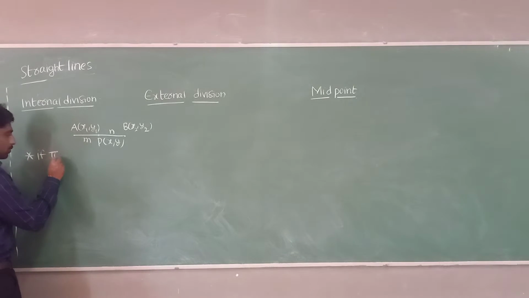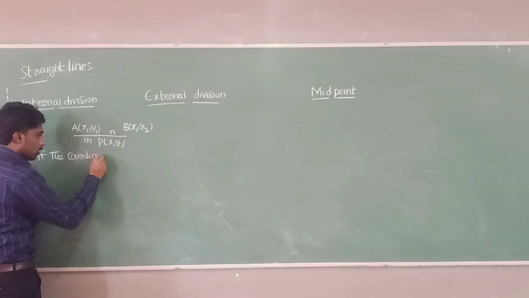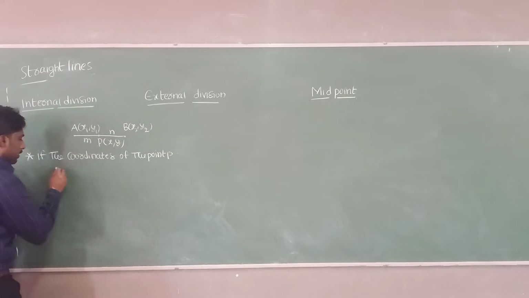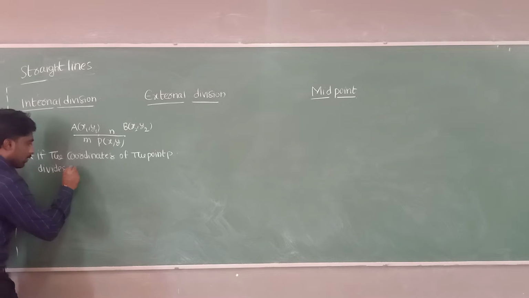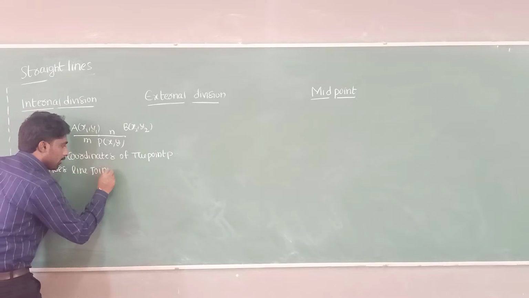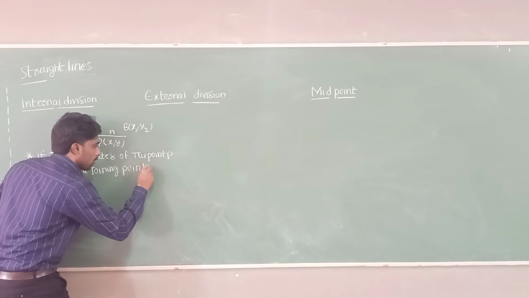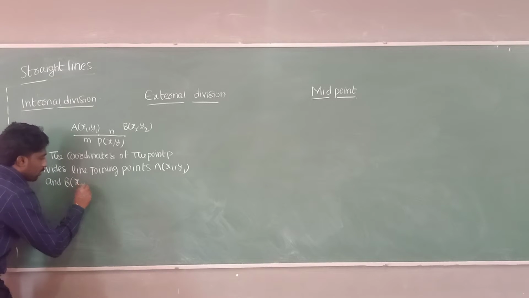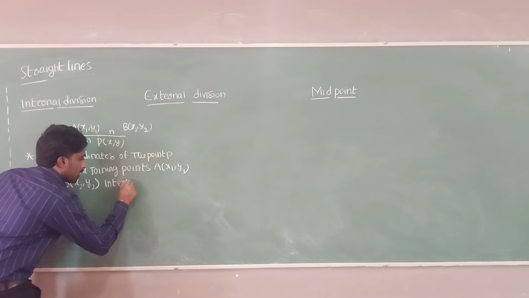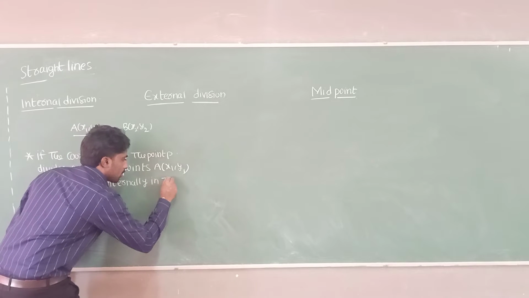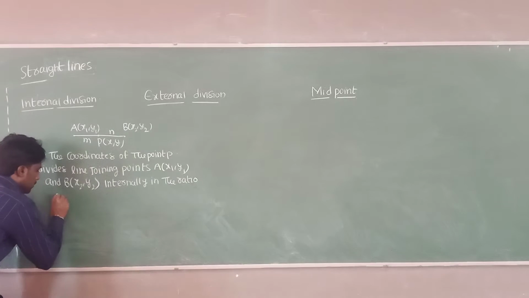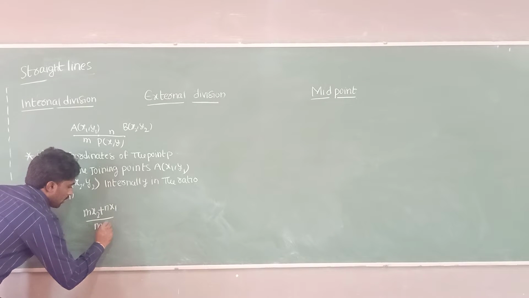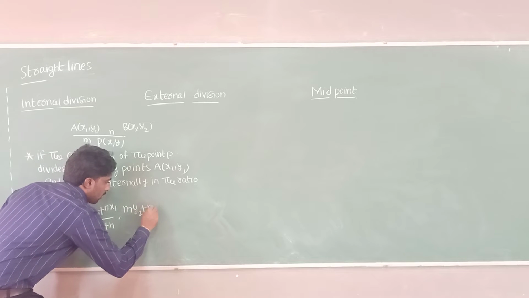If the coordinates of the point P divide the line joining the points A, which is x1 comma y1, and B, which is x2 comma y2, internally in the ratio m is to n, then the formula is mx2 plus nx1 by m plus n, my2 plus ny1 by m plus n.